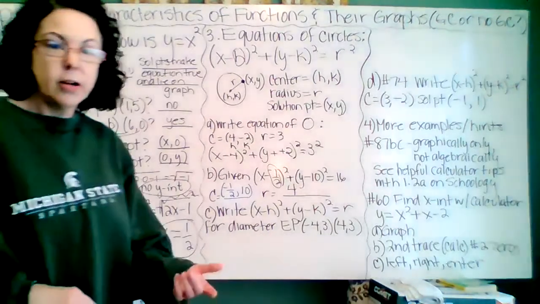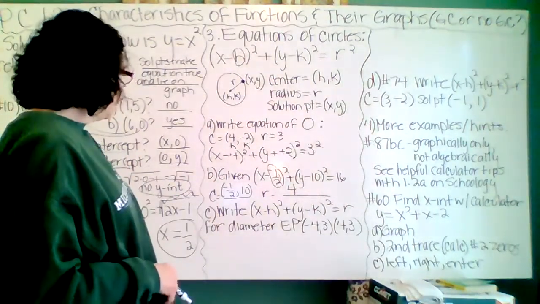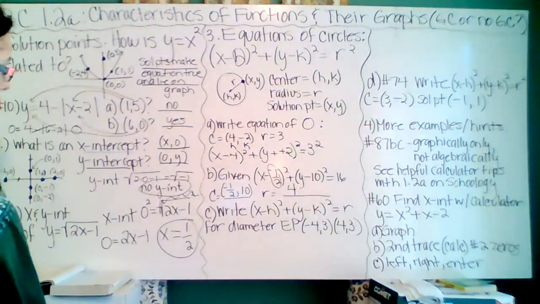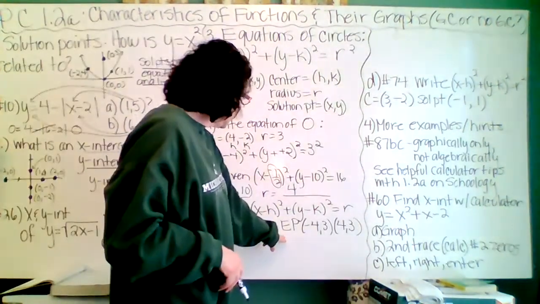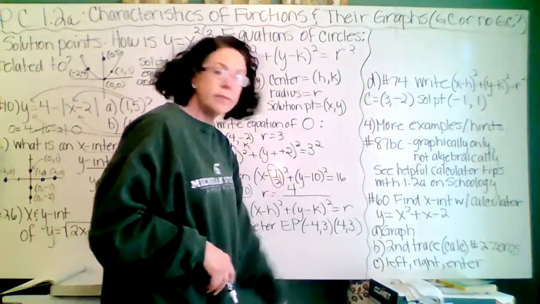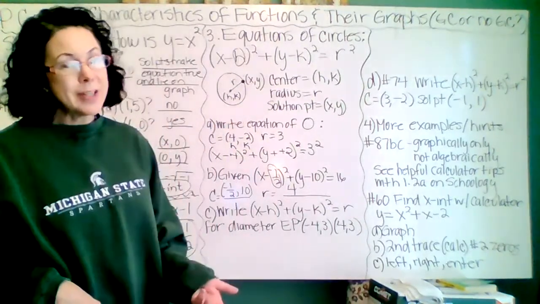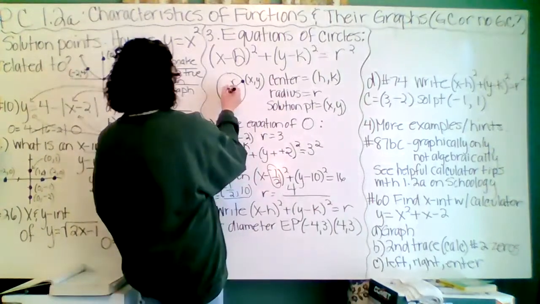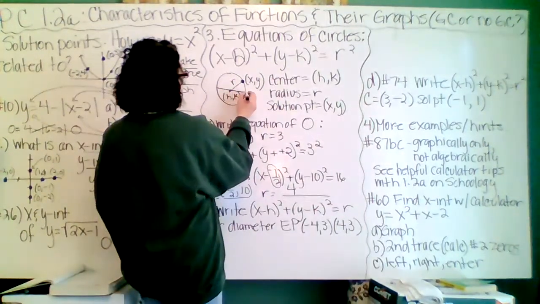A little harder. What if they say, write the equation of a circle for a diameter with endpoints -4, 3, and 4, 3. Okay, so they just gave you 2 solution points, right? Because here's a diameter, right?